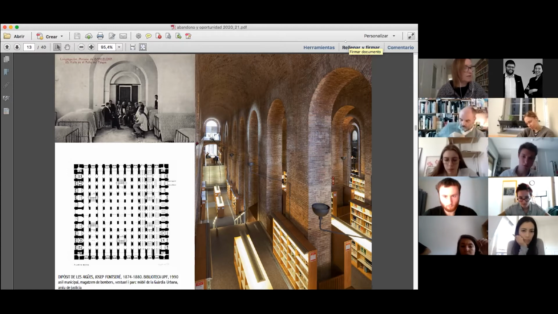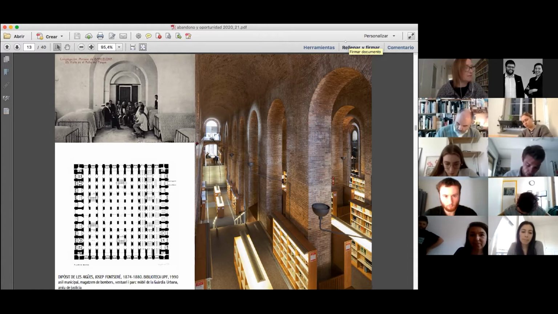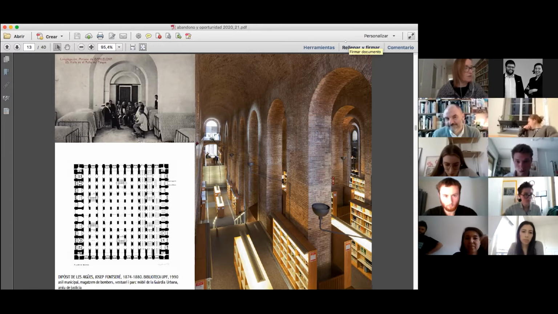Rafael Moneo, in his article, The Life of Buildings, asserts that the buildings that stand the test of time are those that permit their adaptation to strongly changing realities without losing their morphological identity.